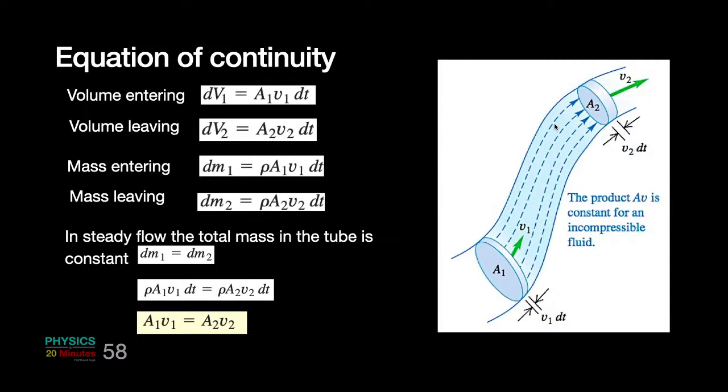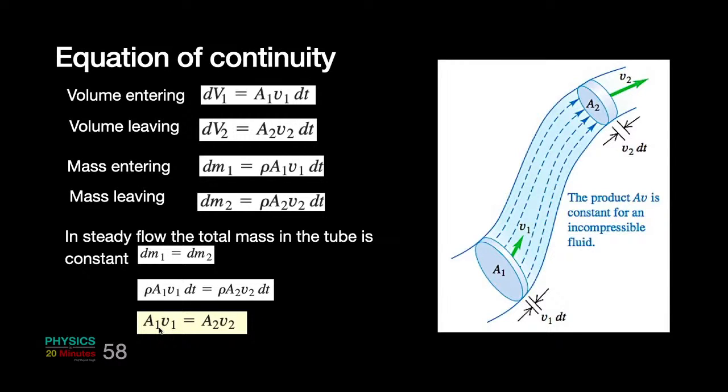What does it mean? It means that AV product is going to be same for all the points in a flowing fluid. That means the product of cross-sectional area and velocity is constant always for a fluid in a flow, in a channel. What does it mean?